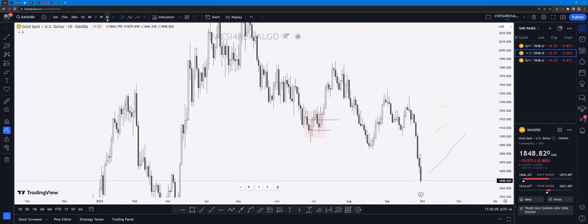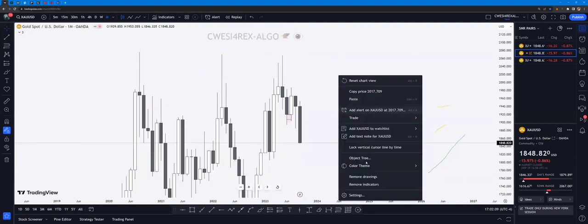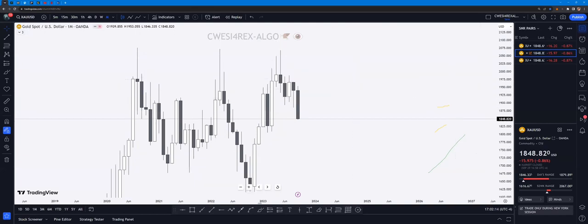Okay, so what I do is I look for the trend from the monthly time frame. On the monthly time frame, you can see we have support break turning into resistance over here, right? Support break turning into resistance. That's the sell.